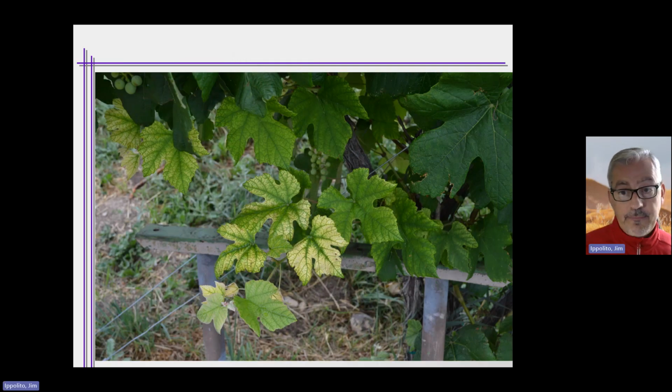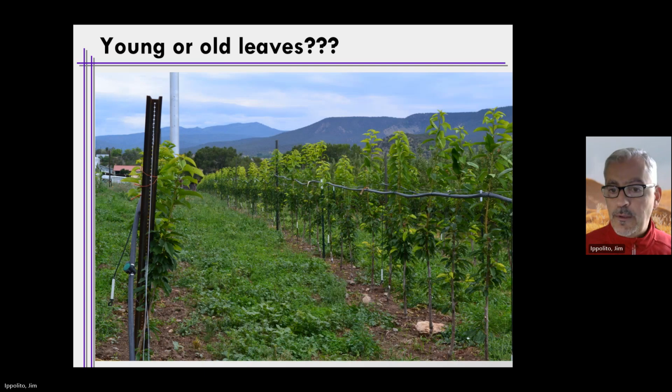Here is a picture of another grape plant. It is suffering from iron deficiency, intraveinal chlorosis on the newer leaves. This is a recently planted peach orchard in western Colorado. You may note that there's some chlorosis occurring in the newer leaves.